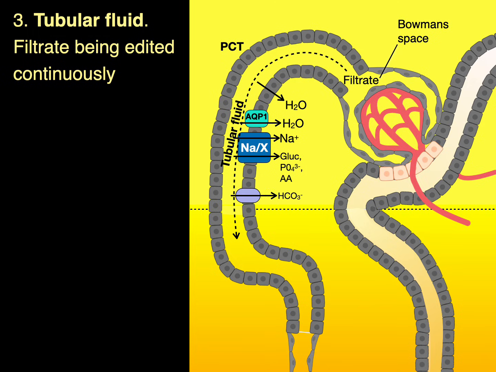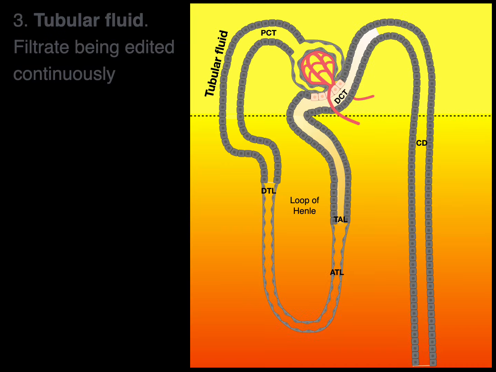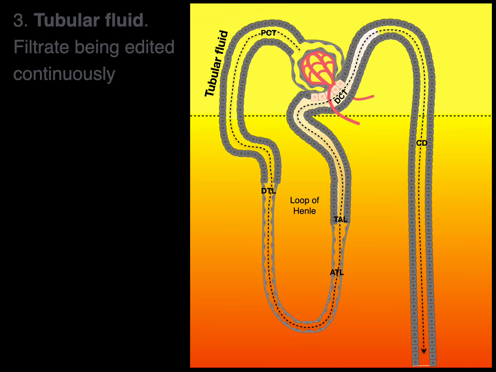We are also reabsorbing bicarbonate. We're secreting protons, we're secreting creatinine, and all those things being reabsorbed go into the peritubular capillaries. So as the fluid moves through these tubules, we're continually editing it. So here we've got all the way through all the different tubules, it gets edited.